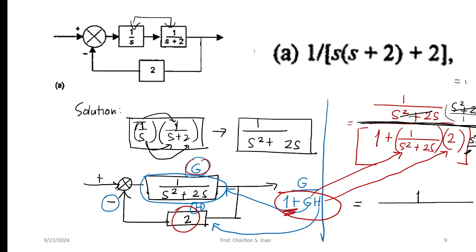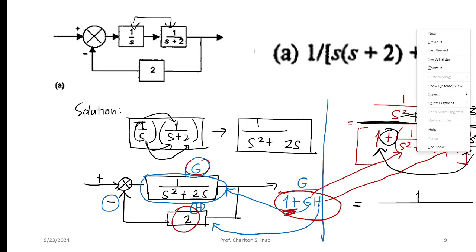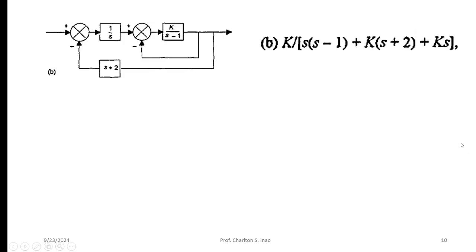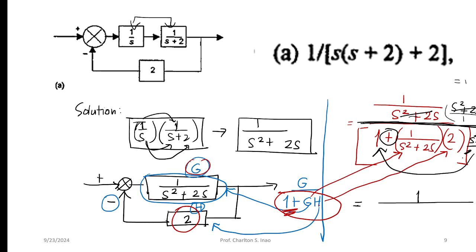And then we're going to distribute this because it is separated by a plus sign. So we're going to multiply that here, and then multiply this expression with this. Okay, so let us do that. S squared plus 2S times 1, so S squared plus 2S.